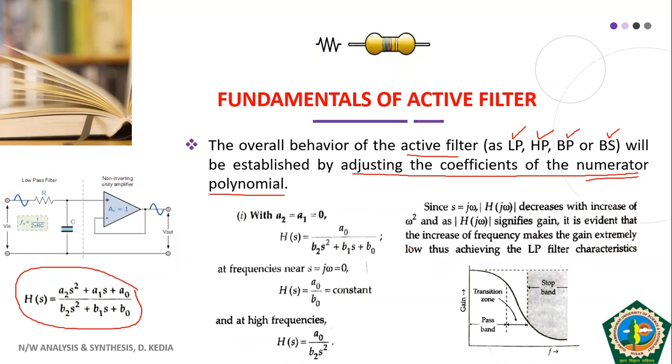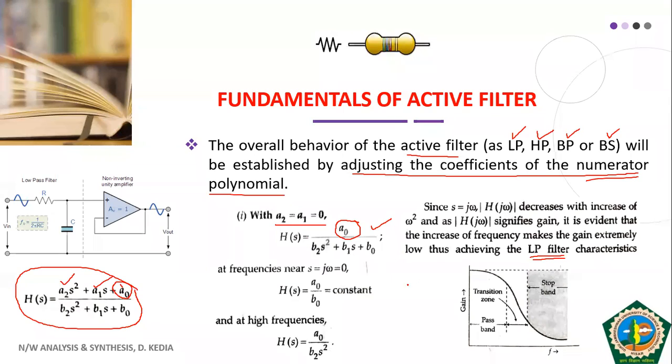First let us see, when we make A1 and A2 zero, we are left with only A naught. So our transfer function becomes like this, and we will be able to realize a low pass filter.